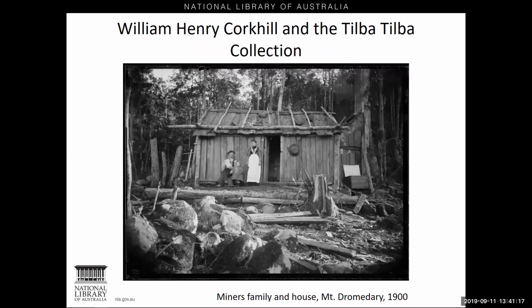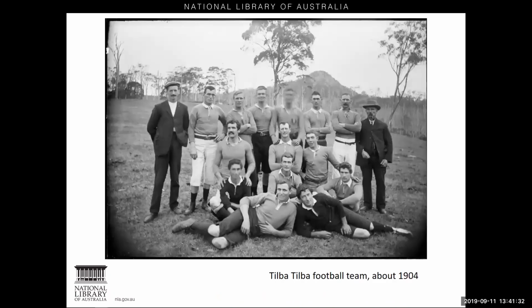This previously unknown man took many photos of the Tilba area over 20 years, and allows us to see life in this community as it unfolds and develops. So if you're looking for reference points of a small Australian town in the 1900s, exploring these digitised images, we can see how life was in a small but thriving rural community.